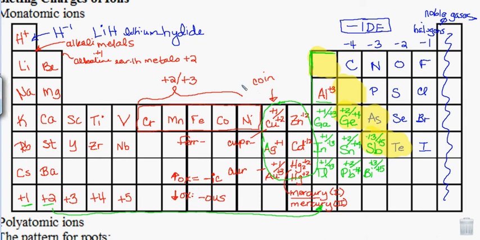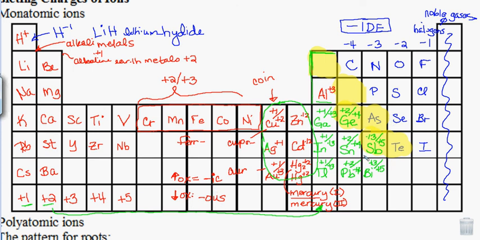So you can either name them by their charge and use a Roman numeral in parentheses, or you can go with a traditional name and use the higher oxidation state with an "ic." So ferric would be positive 3, ferrous would be positive 2, since positive 2 is the lower of them.